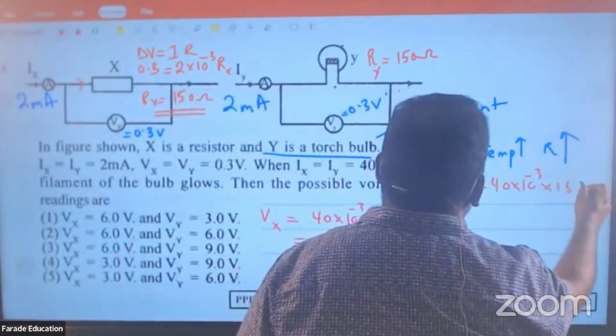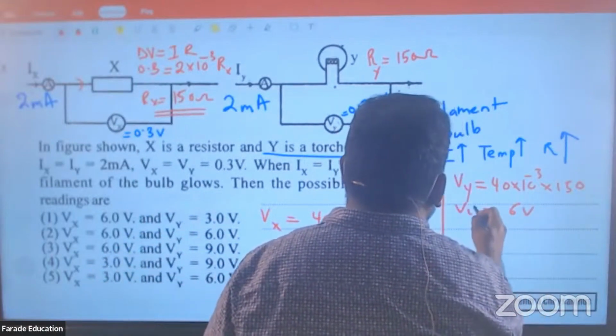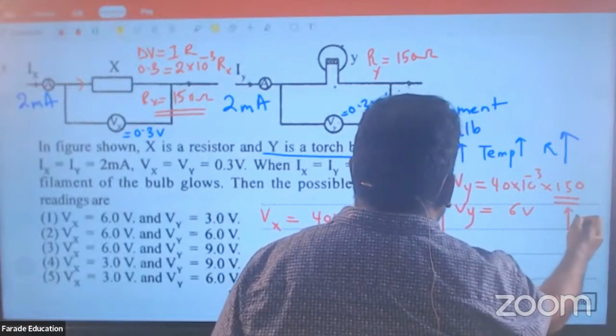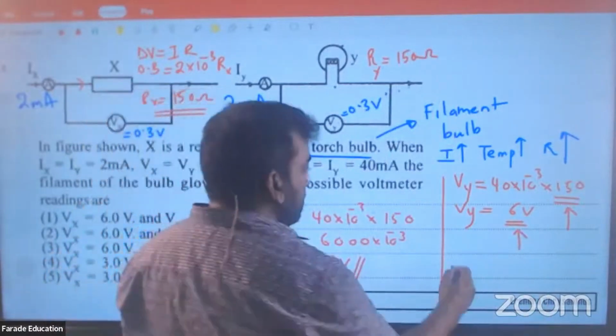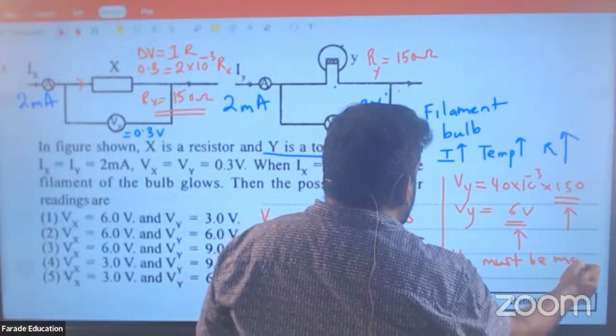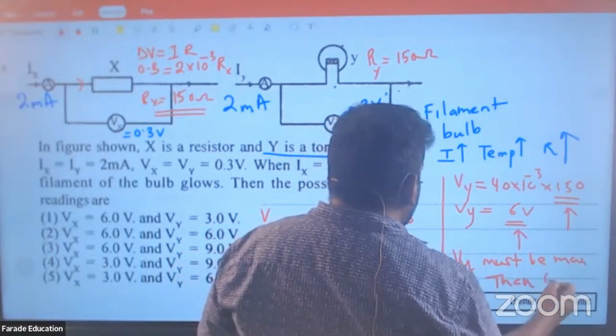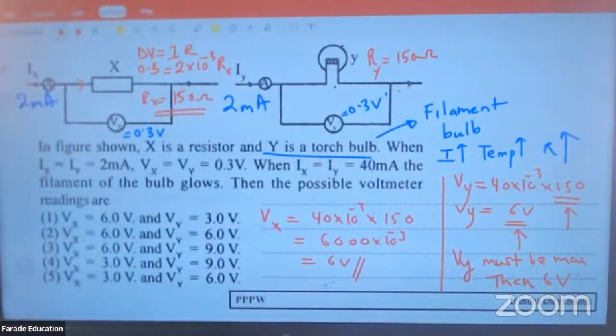Let's say resistance is 150, giving 6 volt here. Resistance technically increases, so voltage will also increase. Vy must be more than 6 volt. Vx is 6 volt, and of the options, more than 6 volt has only one answer, 9 volt. The correct answer is answer 3.